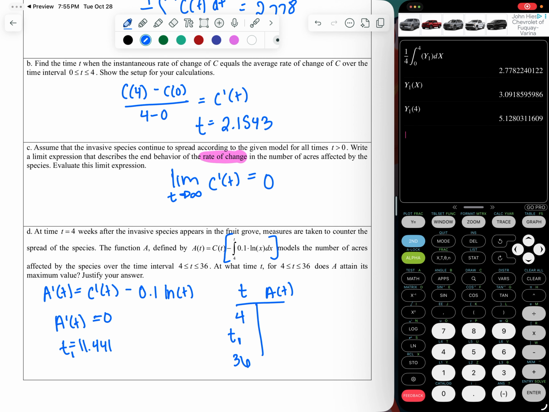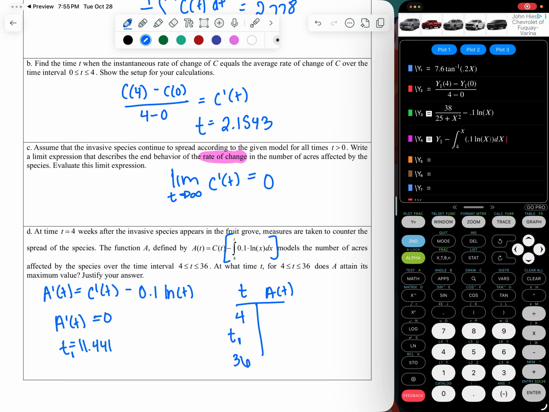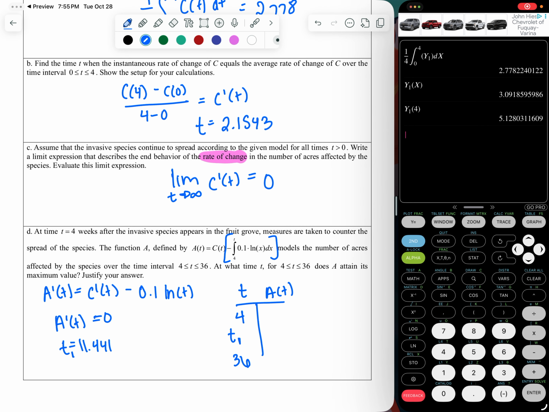That's not good because I don't want that. It's Y1 minus the integral from 4 to t of 0.1 ln of x dx. Oh, duh, it's Y4. Okay, silly me. I should be doing Y4.